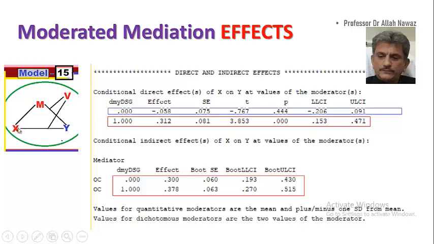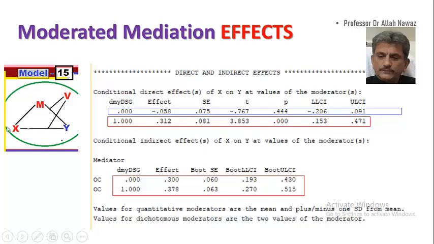One is that when X is affecting Y in the form of staff member, then the results are insignificant. Effect is negative. T-score is far less than required 1.96. P-value is also insignificant, and lower and upper limits of confidence interval are also showing insignificant results.